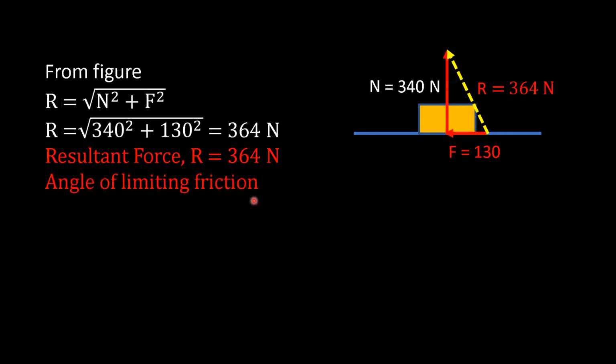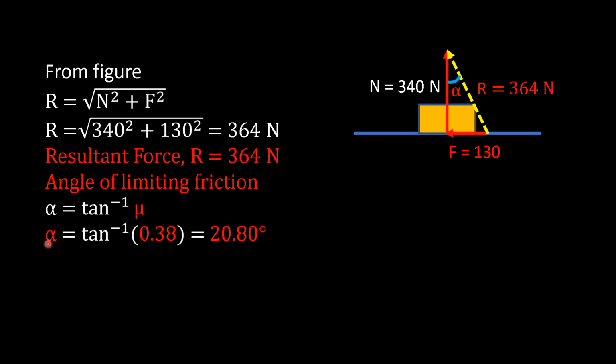Angle of limiting friction alpha is tan inverse mu, that is tan inverse 0.38, because we have coefficient of friction mu 0.38, which becomes 20.80 degrees. So R, that is resultant, is directed at 20.80 degrees to the vertical.